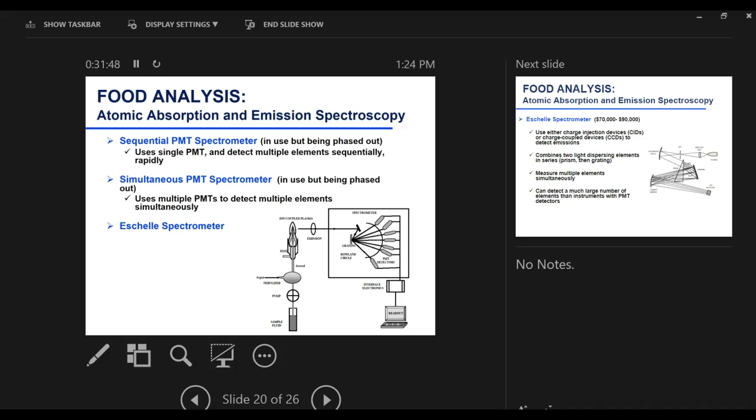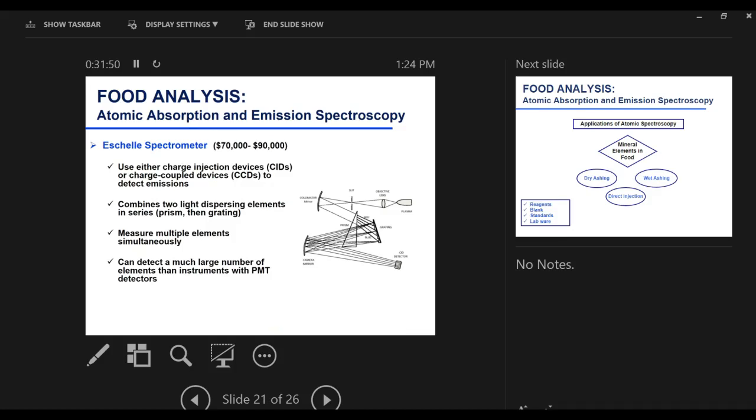Okay. Or you can have the emission spectrometer. So the emission spectrometer is very expensive. It kind of works like a photodiode array detector. Obviously, different mechanics, different setup, but the idea is the same. You get a fingerprint. You get multiple wavelengths, and you get to measure multiple elements simultaneously.